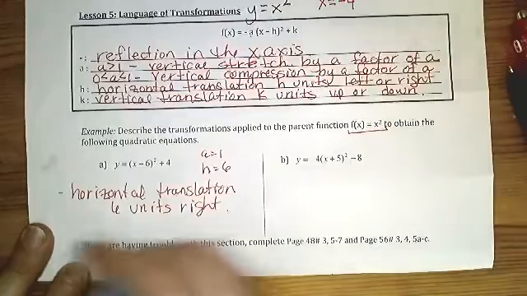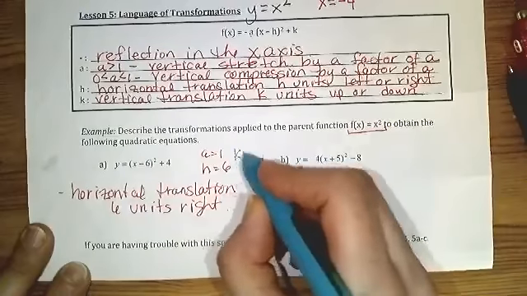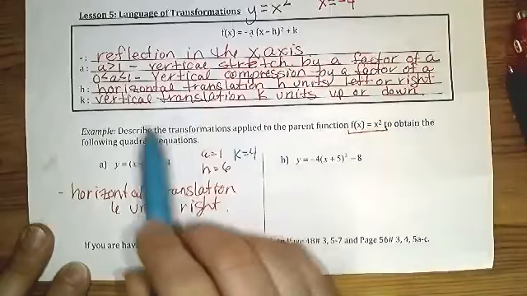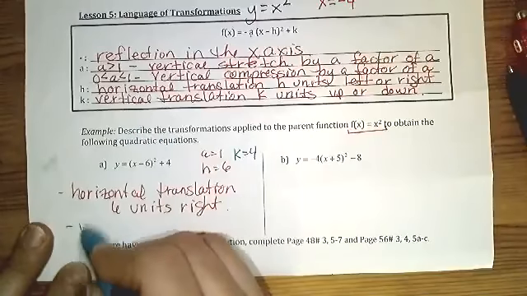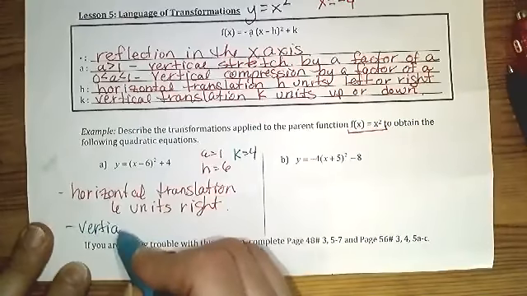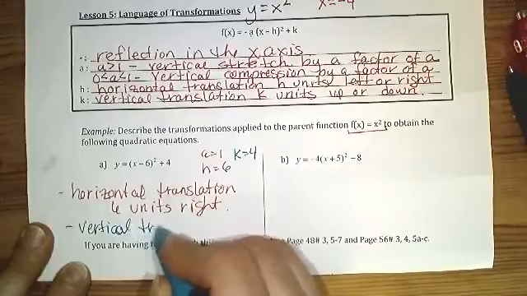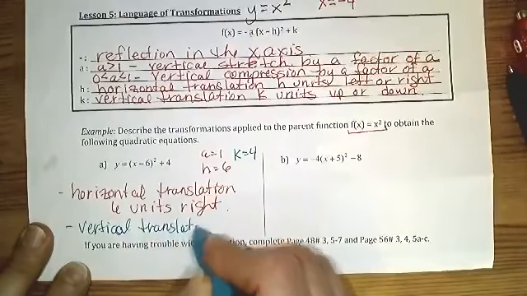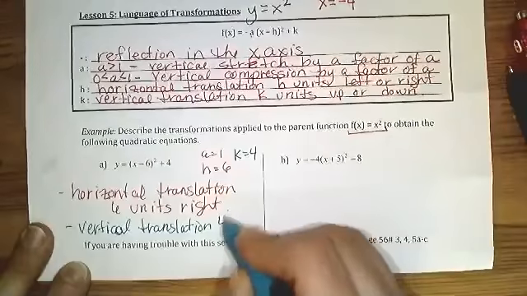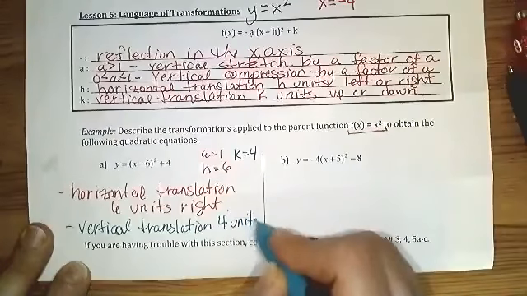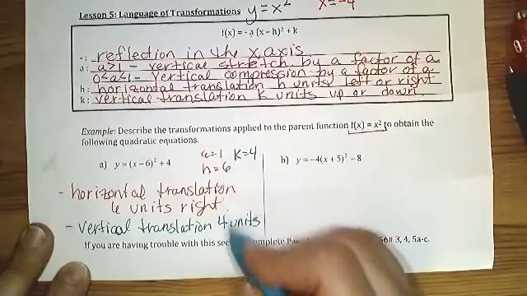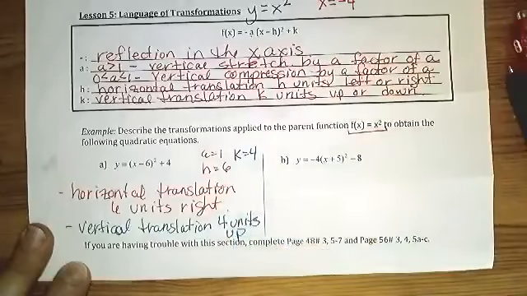We also have a k value, and our k value is equal to 4. We know the k value is a vertical translation, 4 units. Since it is a positive 4, it'd be 4 units up.